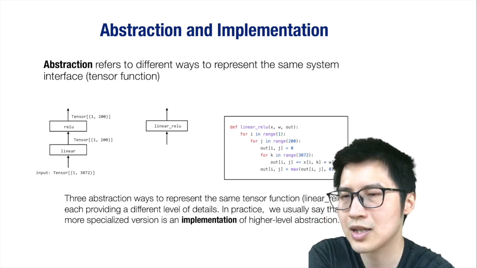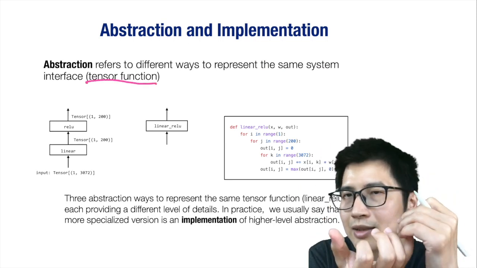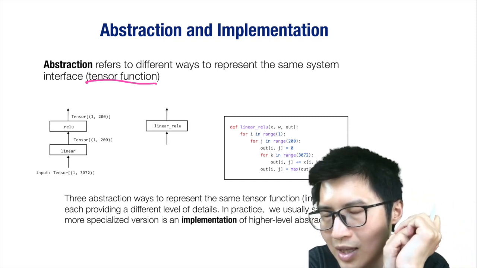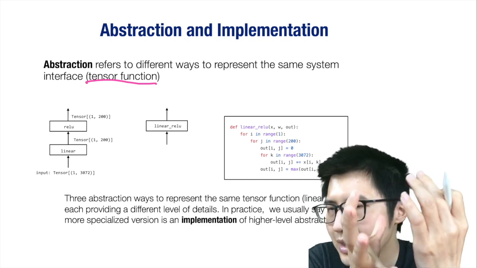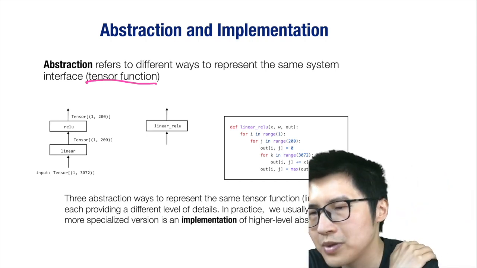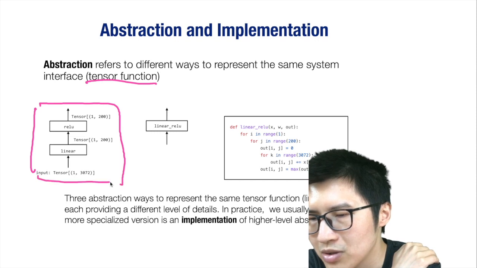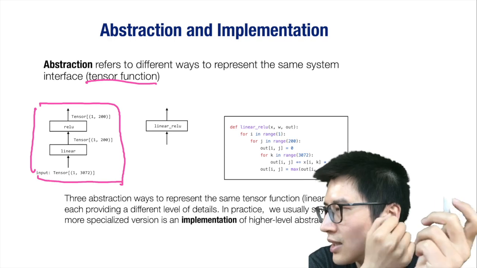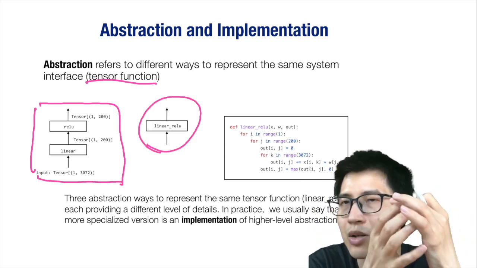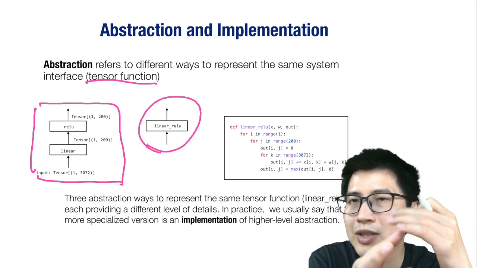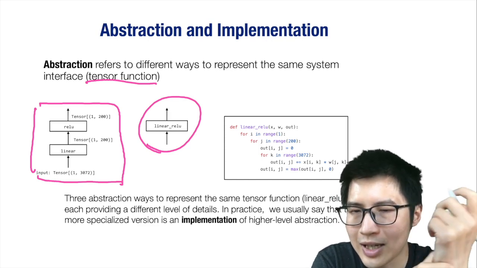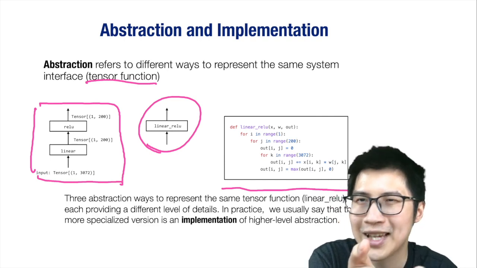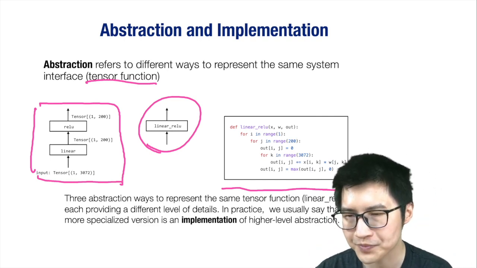In this case, we are interested in tensor functions that take in certain tensor objects and output other tensor objects. And there are really different ways to represent it. For example, we could represent it as two consecutive computations where each box represents an operation. In certain cases, we can represent it as a single linear ReLU unit, as we have shown in the last part. Or in other cases, maybe we want to represent it as a sequence of for loops, so that we know exactly how to carry out the computation.